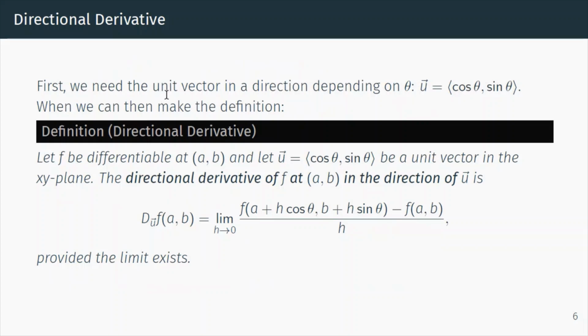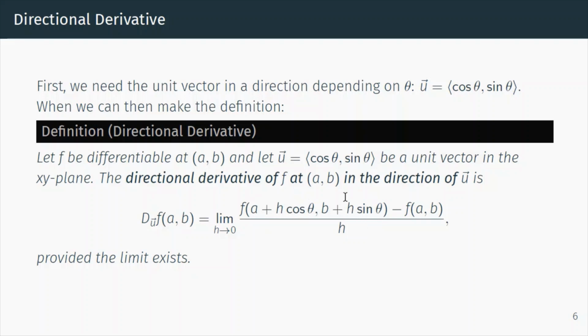And so how do you move h units? Well, if we take the unit vector as cosine theta, sine theta for a given direction theta, then h times cosine will give you a little movement in the x direction, and h times sine will give you a little movement in the y direction.